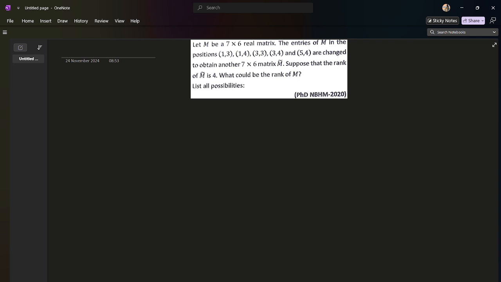So this is from our year 2020. The question says that let M be a 7 cross 6 matrix, and the entries are real. Then the entries of M in the positions A13, A14, A33, A34, A54 are changed to obtain another 7 cross 6 matrix, M cap.